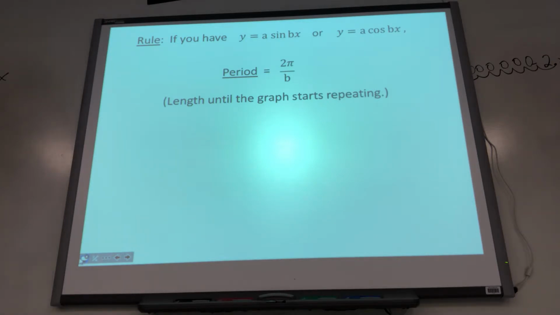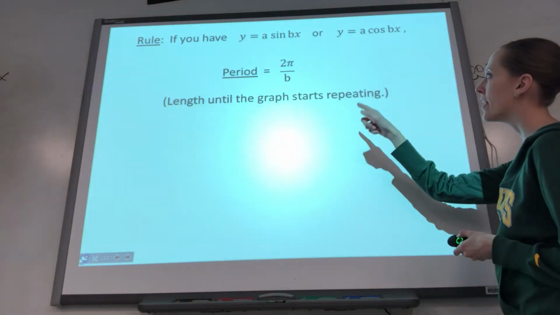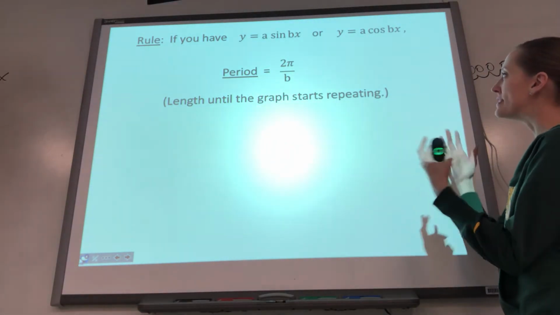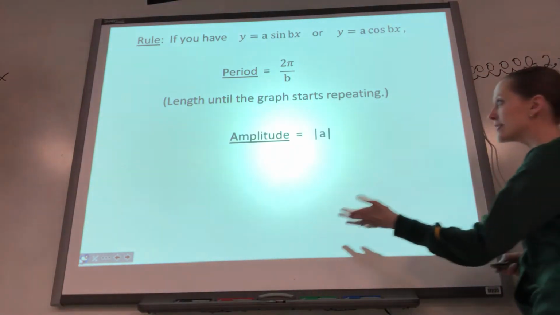We've been talking about it a lot today, but in case you want that again, the period is just the length until the graph starts repeating. Okay, that right there will help us when we start to graph without tables.